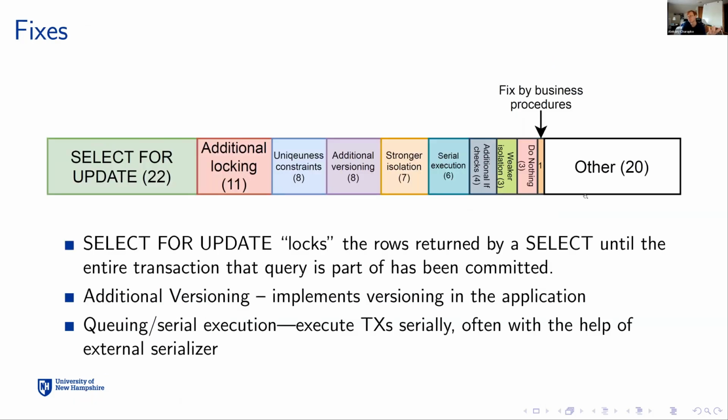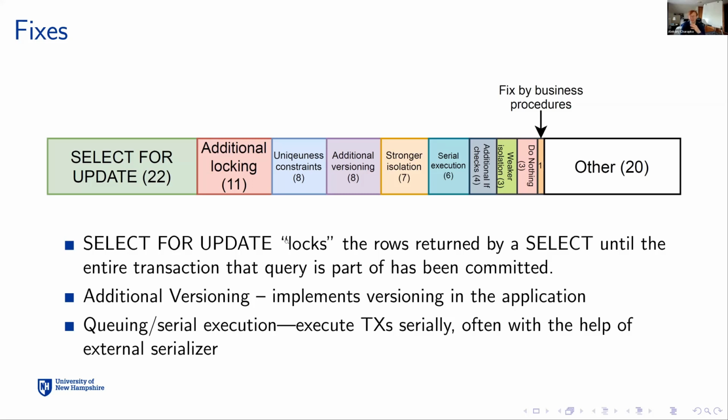On the fixes side, I think the most common fix the authors talked about was using SELECT FOR UPDATE, which essentially locks the rows returned by the select until the entire transaction that the query is part of has been committed.